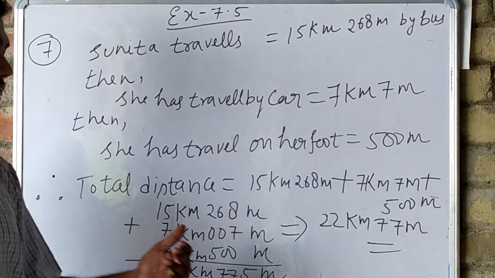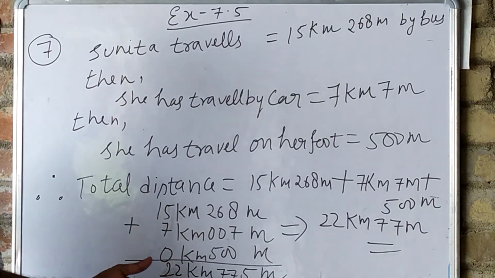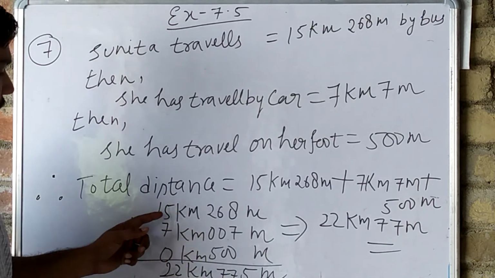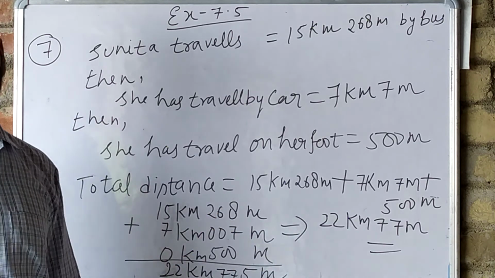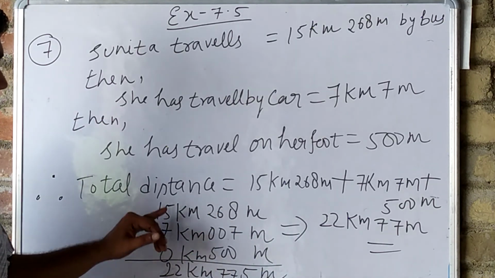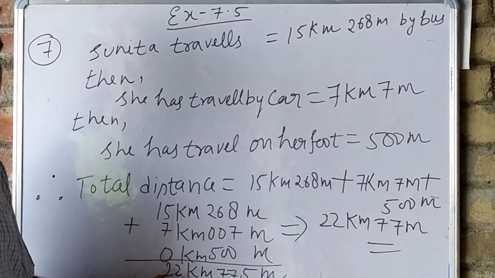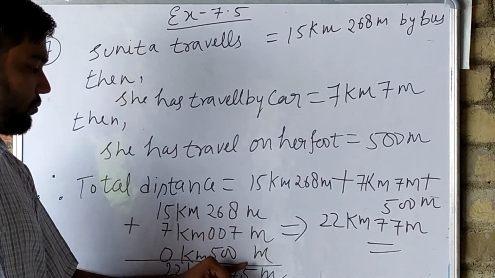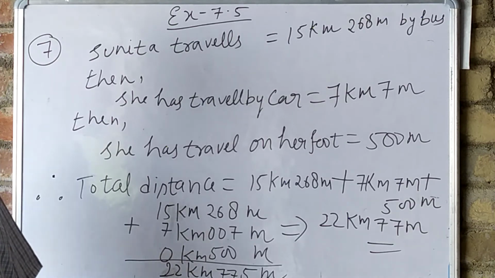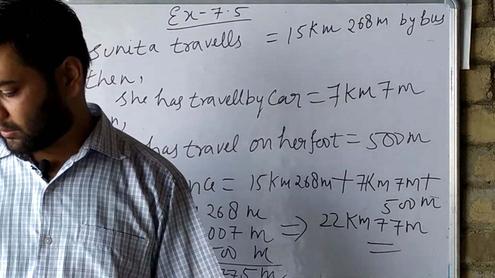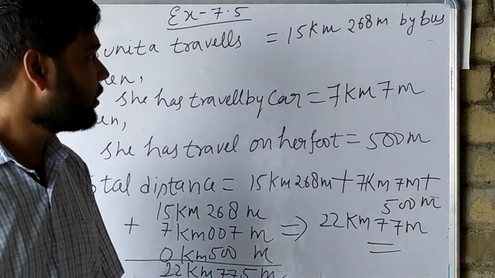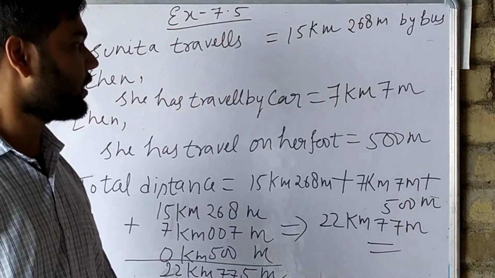If you are directly adding, what we have to remember is that we will write units in a correct manner. Okay, below, kilometer will be added on one side, and meter will be added on one side. After that we will reach the answer. So okay, this is question number 7.